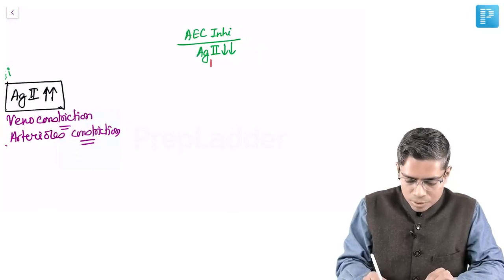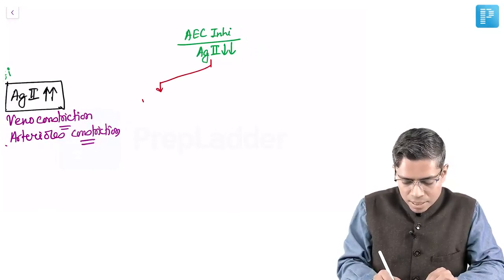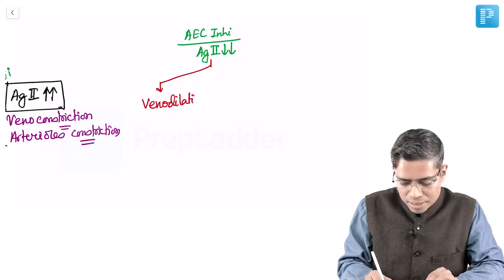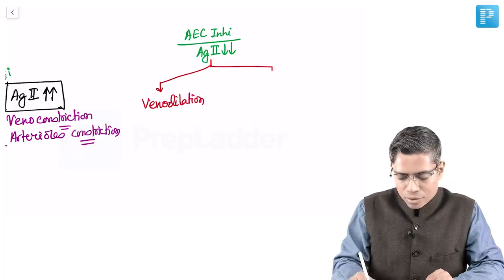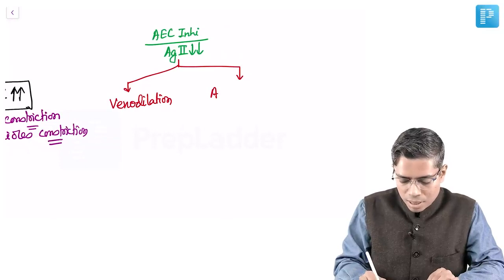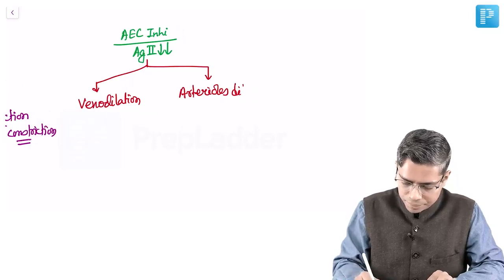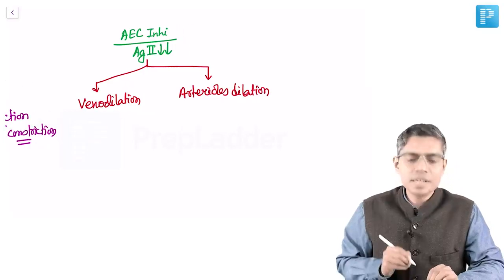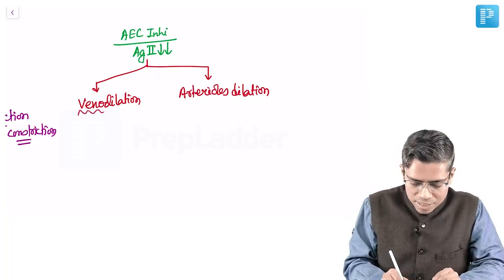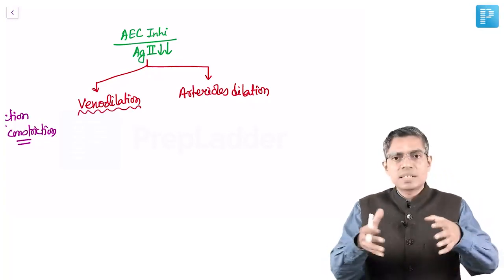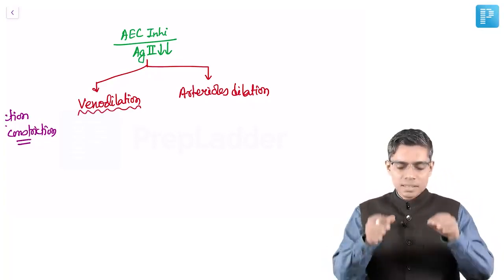Whenever this is reduced, I can understand that there will be dilation of the veins, so venodilatation, right? As well as it will also cause arteriolar dilation, right?